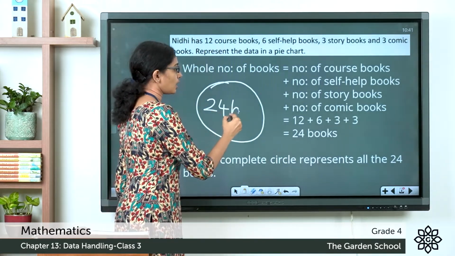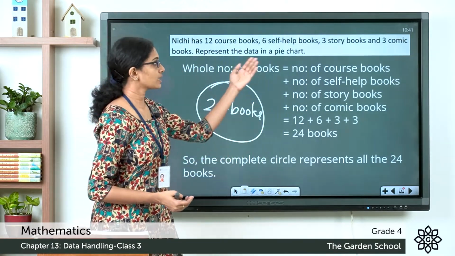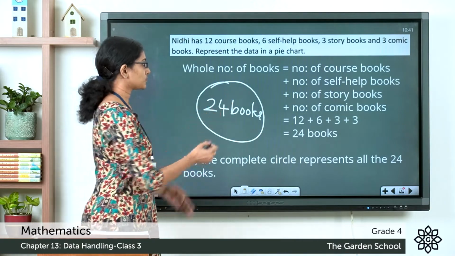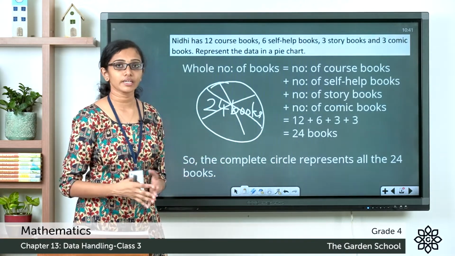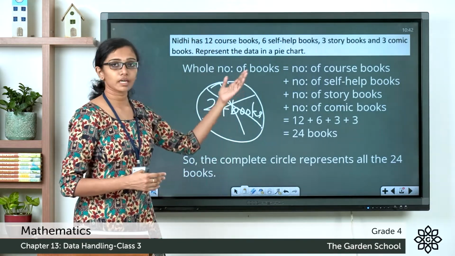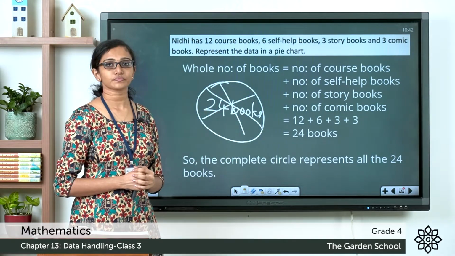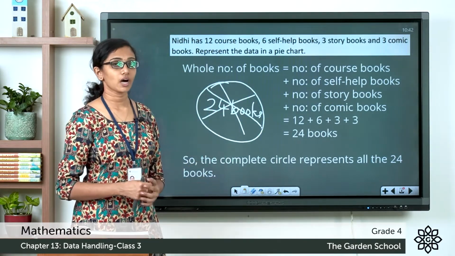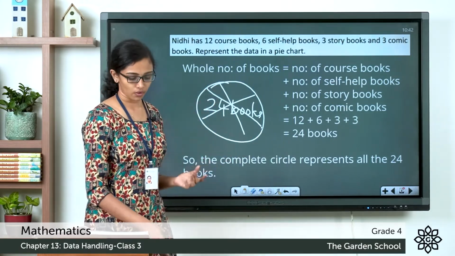Now we are going to represent the proportion of each type of book as parts of this whole circle. So for that, we need to find out what proportion or what fraction each type of book will represent in this whole circle. So let's find out the fraction of each type of book among these 24 books.